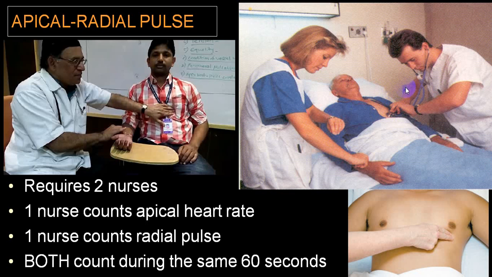This is the wrong technique. Ideally this is the best: you look for the apex beat and you calculate which apex beat is not transmitted to the pulse, which we call miss beats. So you calculate the number of miss beats, and that will give you an idea regarding the number of premature beats.